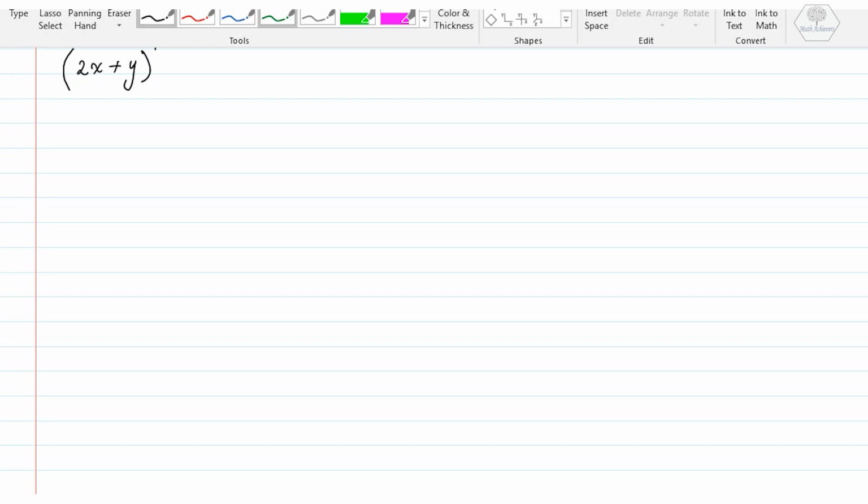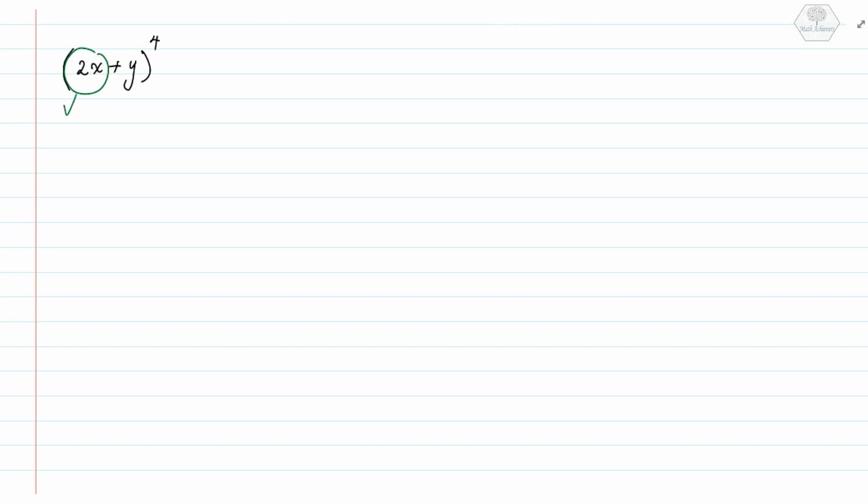So now let's take an example and expand it this way. If I have (2x + y) all to the power of 4 and I want to expand this expression, as we said before, we need to use the combinations. I can consider 2x to be my a, y is the b, and 4 is the n.